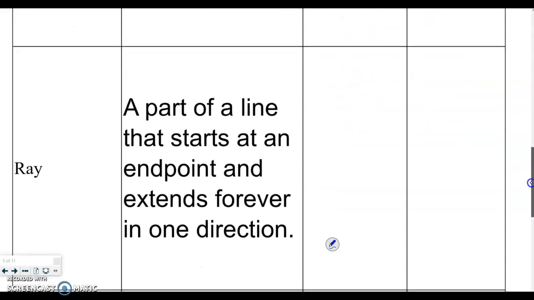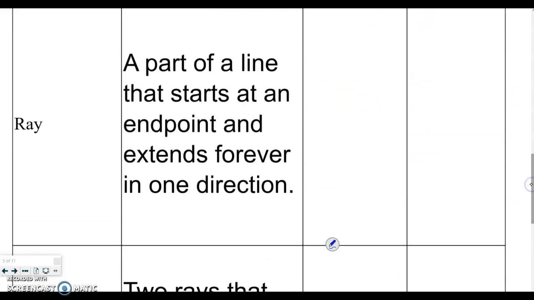Next is a ray. A ray is part of a line that starts at an endpoint and extends forever in one direction. So if I have my line, I would have it extend forever in one direction, so I'd have my arrow. But on the other end, I would have an endpoint.